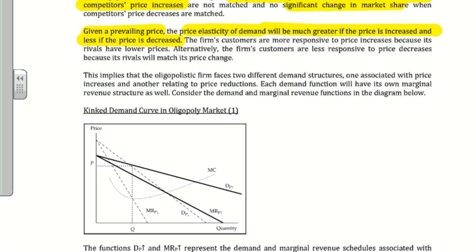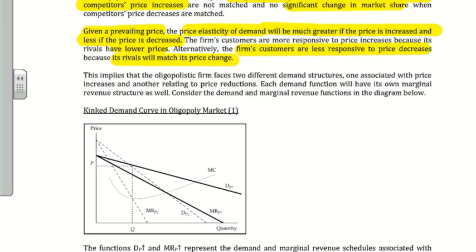The firm's customers in most cases are more responsive to increases in prices. Why? Because certain of your rivals have lower prices. The firm's customers could also be less responsive to price decreases. Why? Because if the prices go down, the rivals will just match the price.